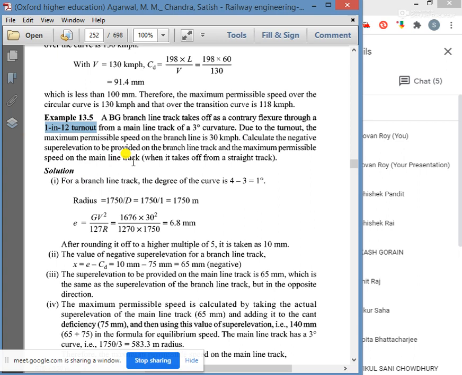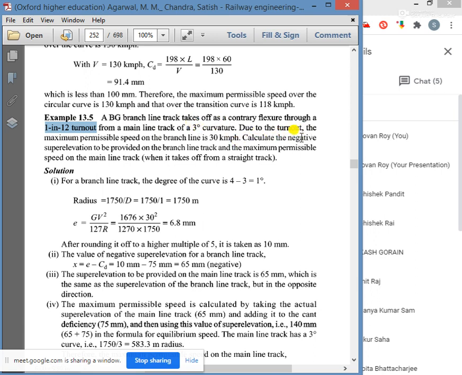This is one rule which will come later, but to solve this problem, if your question mentions a 1 in 12 turnout, that means a 4 degree angle from the straight line. And the degree of curve of the main line is 3 degree.